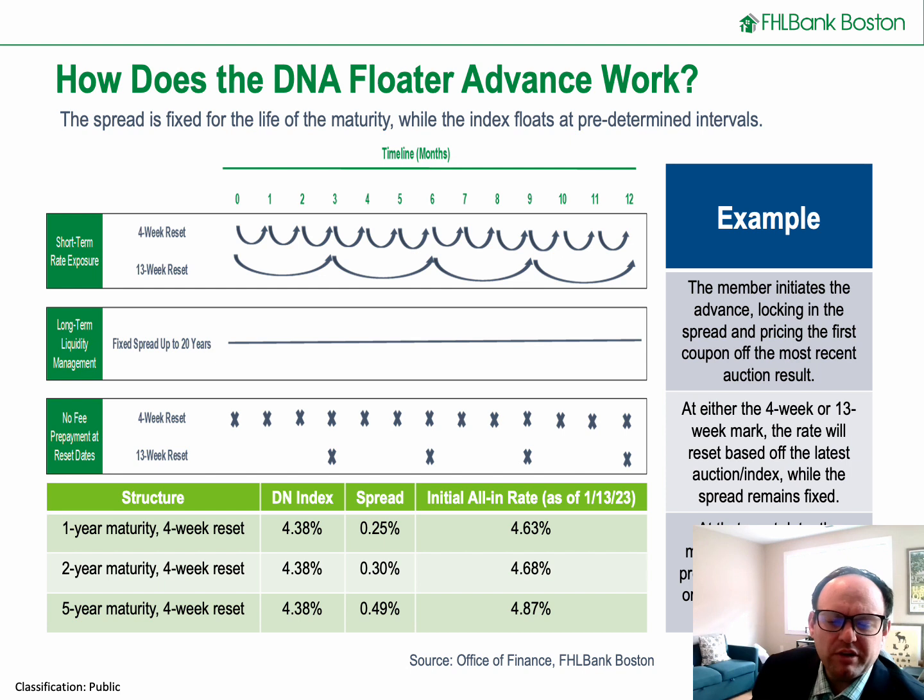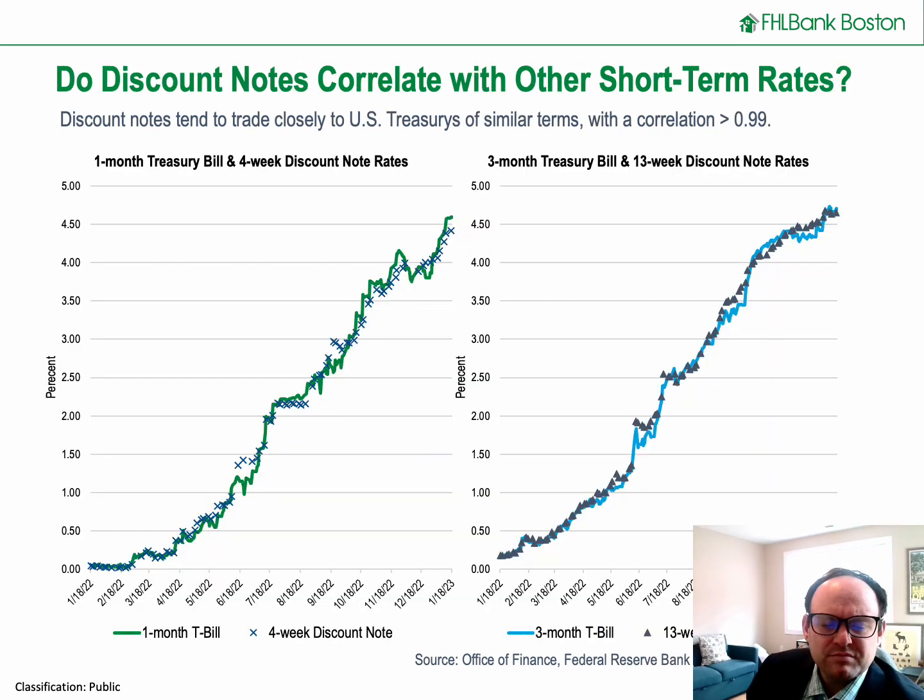You can also see the all-in rates for the initial rate along the right-hand side. Again, that will be subject to change as short-term interest rates change, but the spread component, the 25, 30, or 49, will remain unchanged as long as you have the advance outstanding.